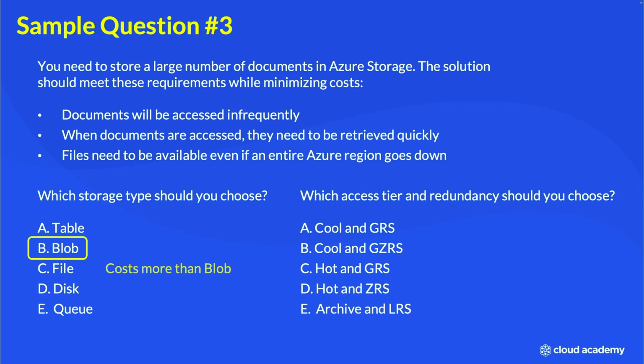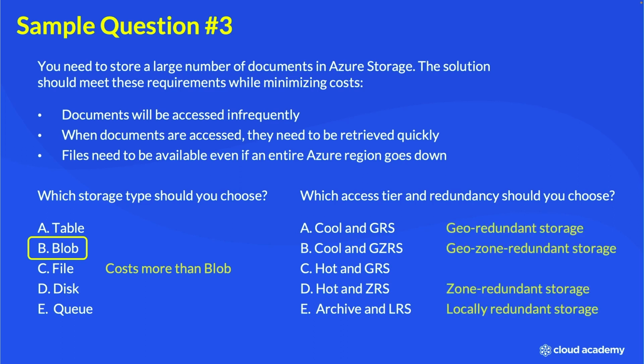So I'm going to show you what they stand for. GRS is geo-redundant storage. What this means is the files are replicated in multiple regions. So that means even if an entire region goes down, the files will still be available. And that's what the third requirement is. It needs to be able to handle that case.